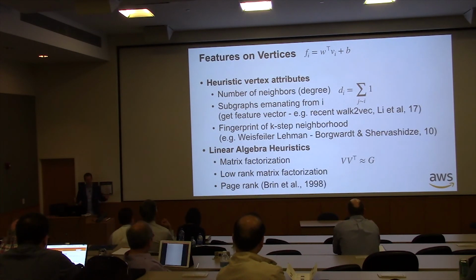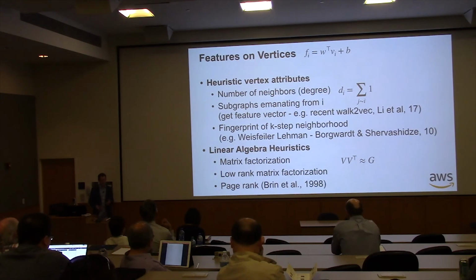Or I can just overall fingerprint the k-step neighborhood, and actually the Weisfeiler-Lehman algorithm is a really great tool for that. And Karsten Borgwardt and Shervashidze in their prize-winning paper used that to very efficiently compute graph kernels. So we'll get to the Weisfeiler-Lehman algorithm in a little bit, but it's actually an amazingly clever algorithm. Or I can just use linear algebra heuristics.